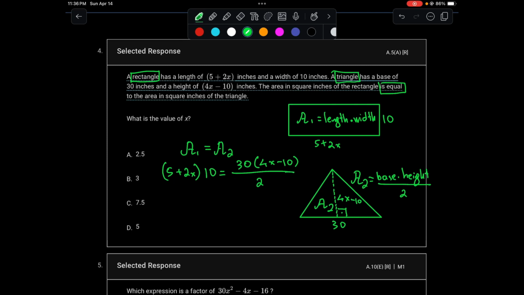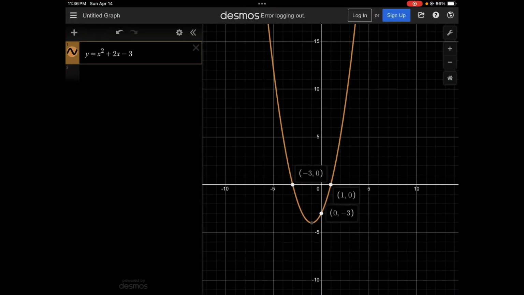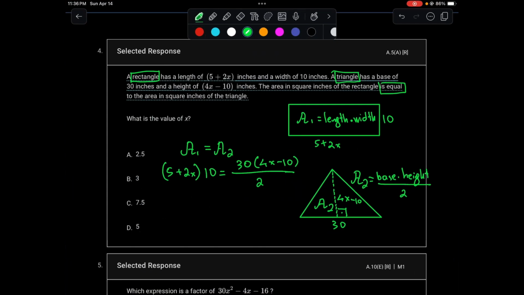Okay, and now I have my equation, and I will try to put it on my calculator. But how am I going to do that? Let me tell you.